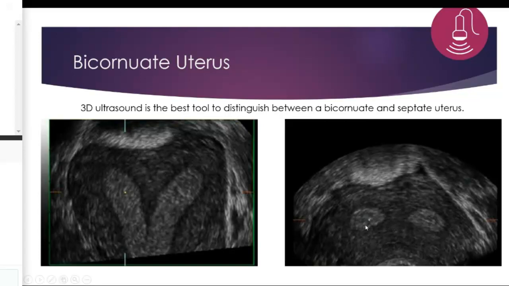So this image, you can tell. So you can see these little orange lines here. So this is the plane that the transverse image is taken in. So we can see those two endometriums here. So we can't really tell in a transverse image whether a uterus is bicornuate or septate, but we can definitely tell in that coronal 3D image.